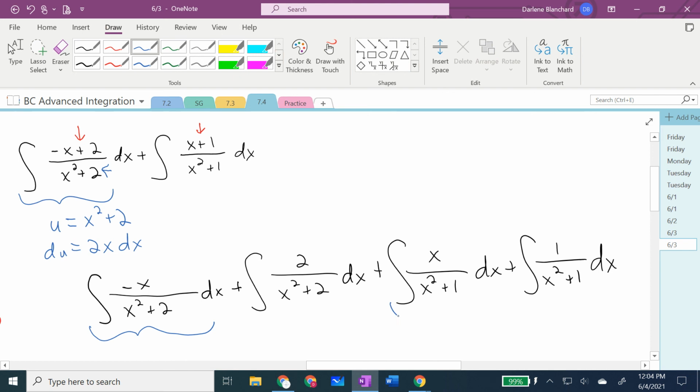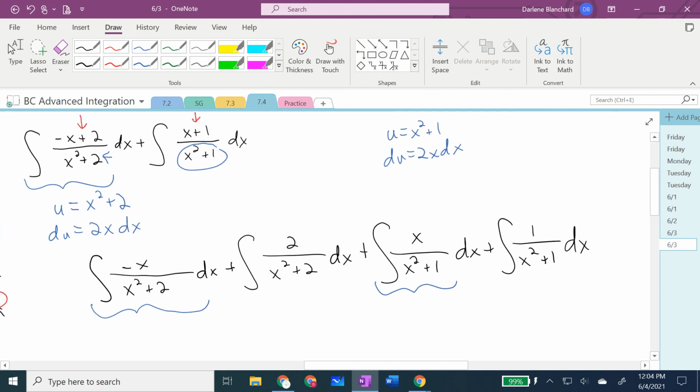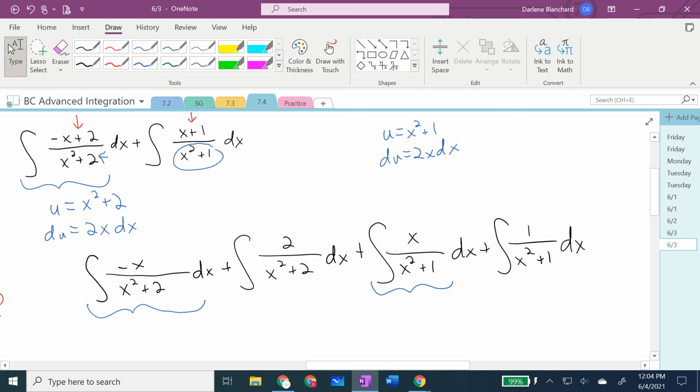For this third integral, I'm going to use a use substitution of the denominator. See if you can stay ahead of me on those use substitutions.